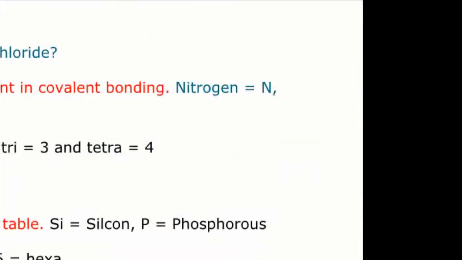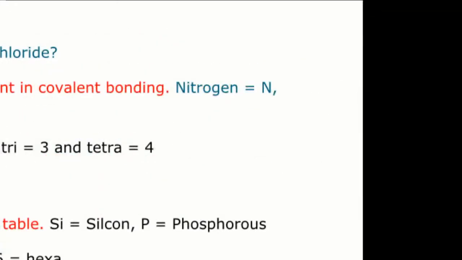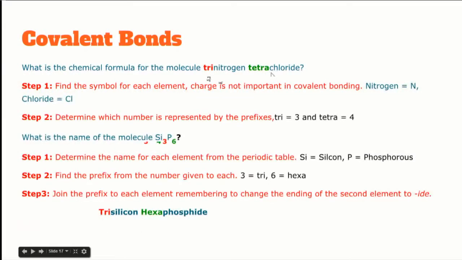Tetra, something that may not be quite as obvious to you. If you look at your chart, tetra is a 4-pack. So tetra is 4. So we have trinitrogen is 3 nitrogens and 4 chlorines.